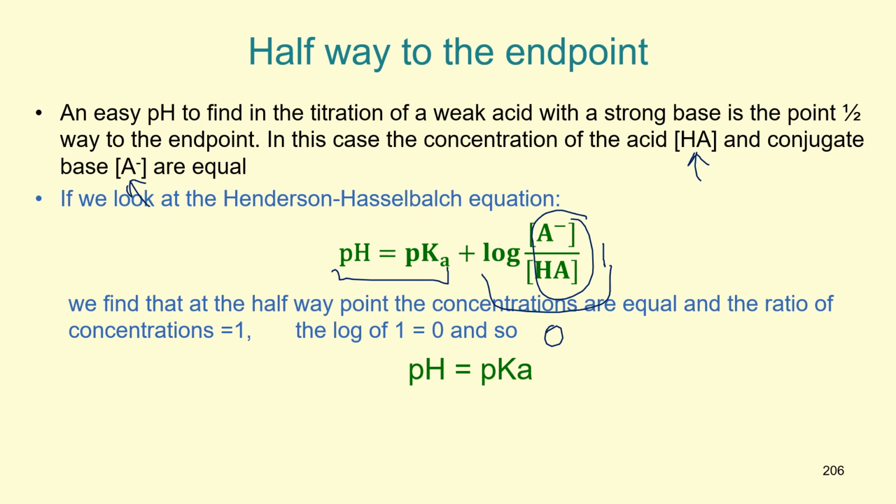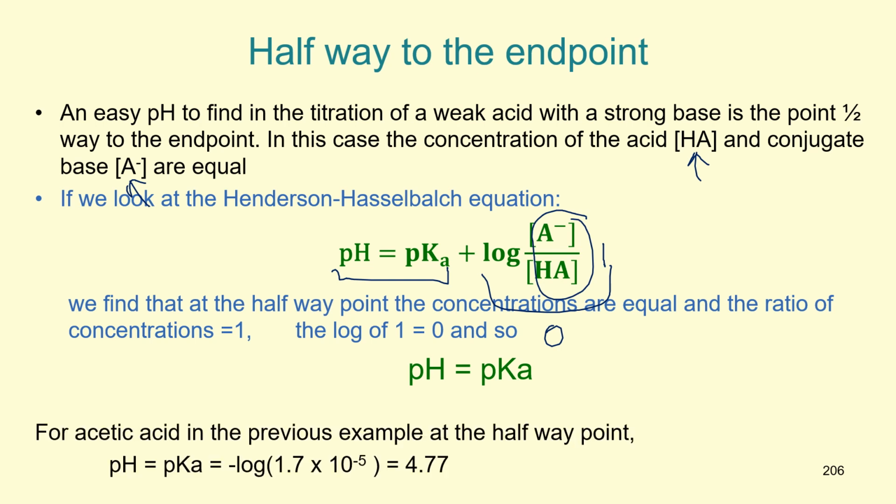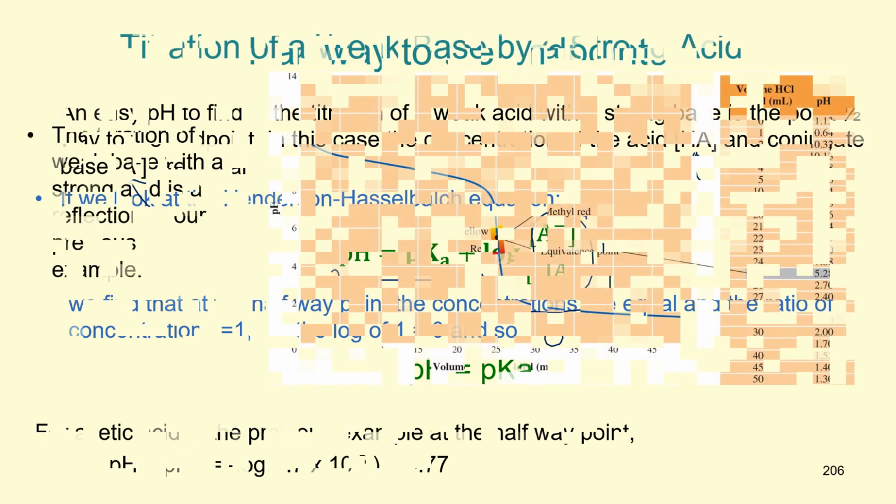So on that last problem with acetic acid, the halfway point, if we titrated acetic acid with NaOH, the pKa would be negative log of 1.7 times 10 to the minus fifth, which is 4.77, so the pH would be 4.77 in that last example. Which makes sense, and then it's greater than 7 at the endpoint.